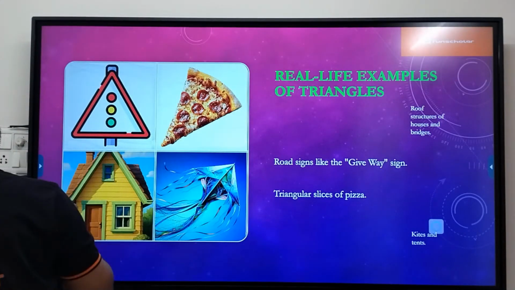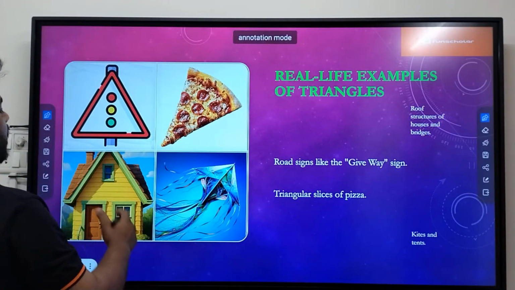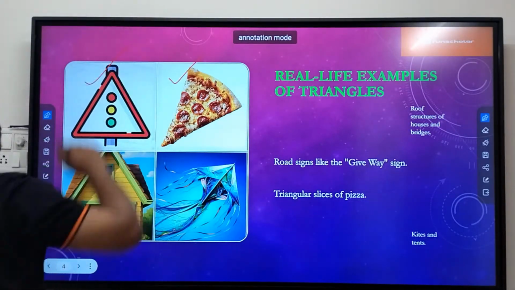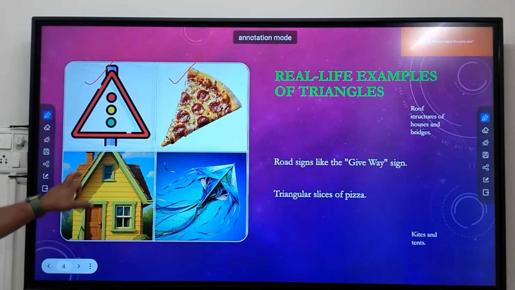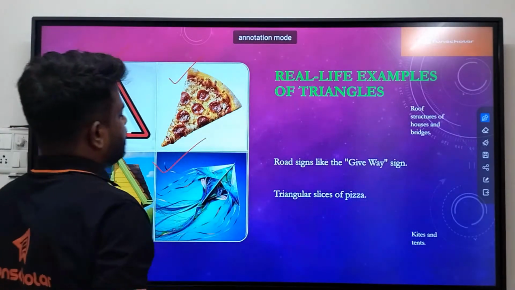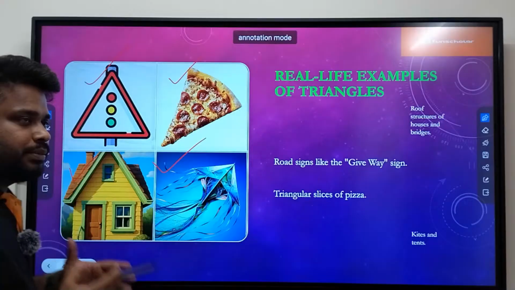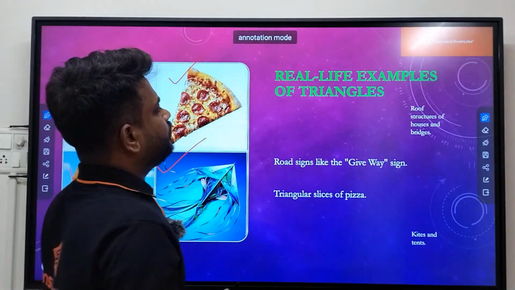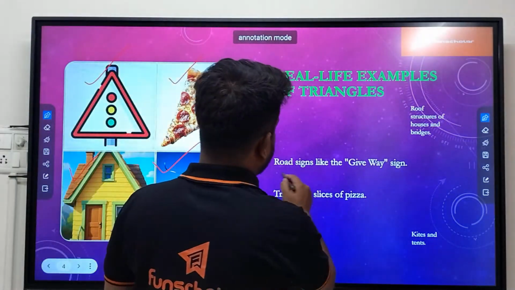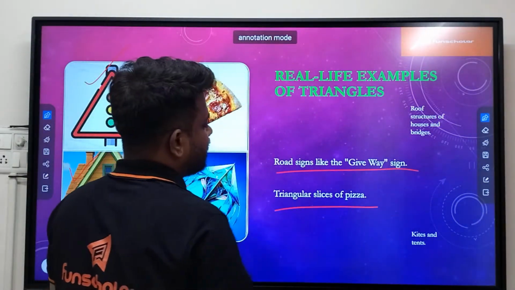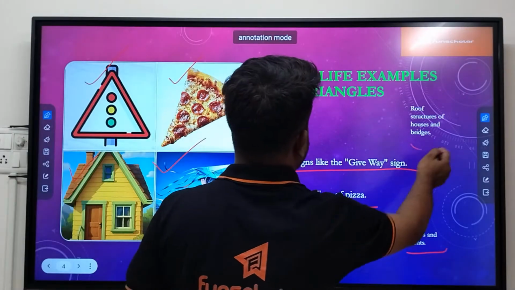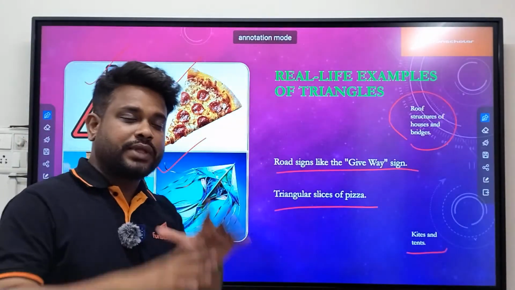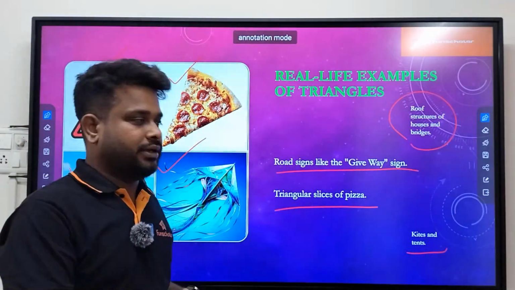But in real life there are so many examples where we find triangles. This one is pizza, this one is a road signal, this one is a house, and this one is a kite. So these all are the practical examples where we find triangles every day. There are so many: road signs, kites and tents, triangle slices of pizza, the roof structure of any house. So these all are real life examples. So that's why we are studying this chapter here.